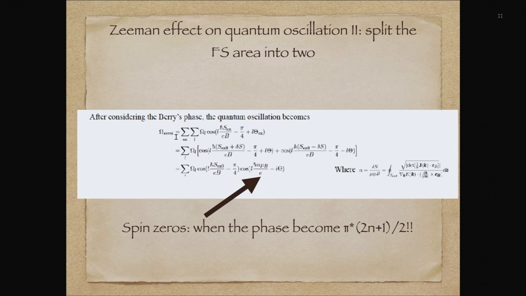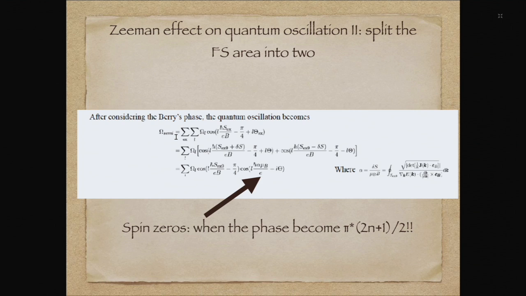The system has no quantum oscillation along that particular angle of the magnetic field. This effect is, in the textbook, called the spin zero effect. For a system with very strong spin-orbit coupling, the spin zero effect has to be determined by both the effective G factor and the effective Berry curvature splitting on that Fermi surface.